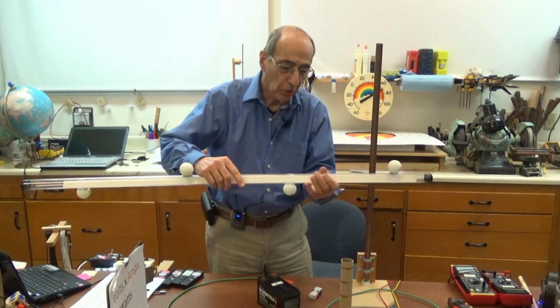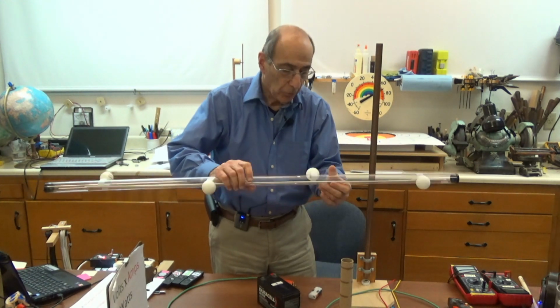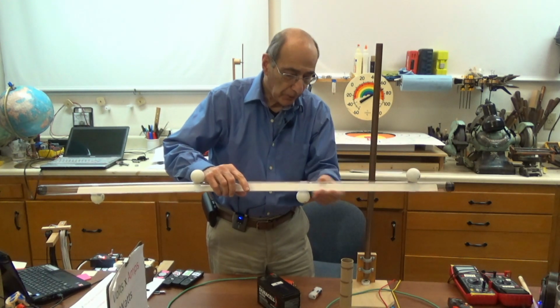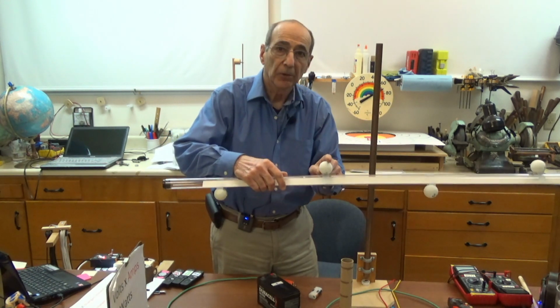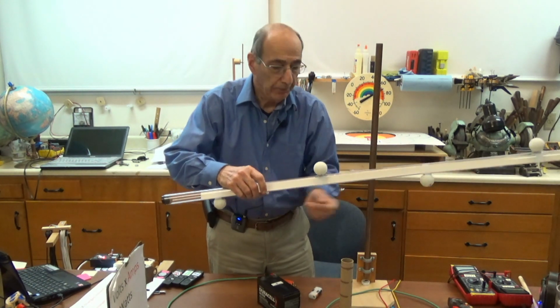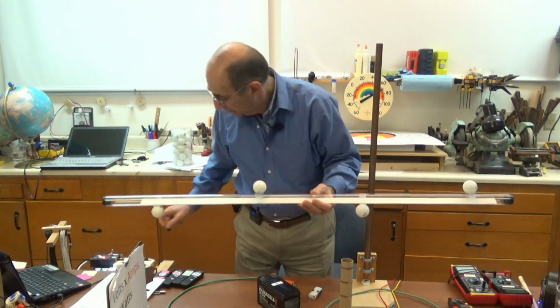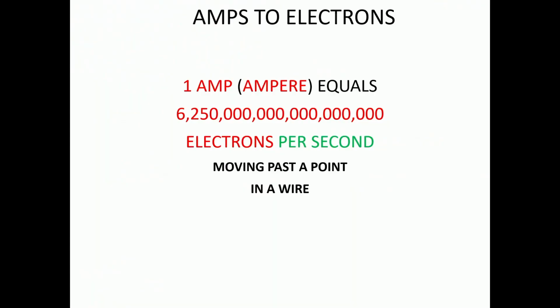They are all along here. So the electrons in here are spread along here. The electrons that this represents are spread along here. The electrons that this represents are spread along there. So remember what this means. It says if that many electrons go past a point in 1 second in a wire, that's an amp.